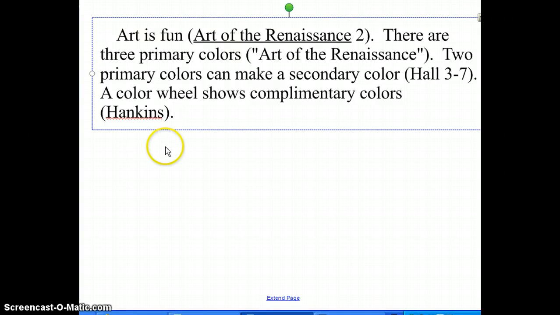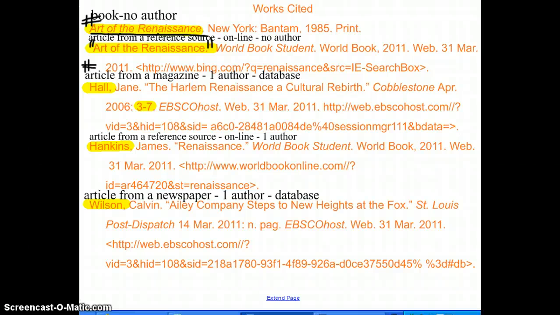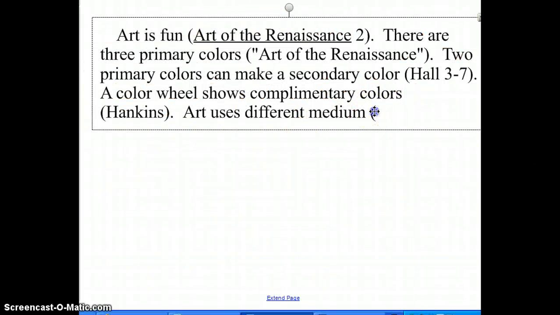And then I need one final sentence about art. Art uses different medium. So I go back to my article or my works cited page, look at what I had highlighted, just the author's last name. I'm going to put Wilson, end parenthesis, and my period.